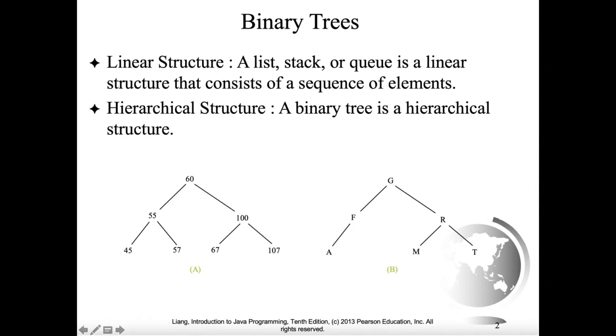So the tree is only going to have one root, and each one of the children can create its own subtrees, and they become the parents of their own nodes, right? So each subtree is also going to have its own root, and therefore its own set of children. So basically the root is going to be the parent of all the other children.